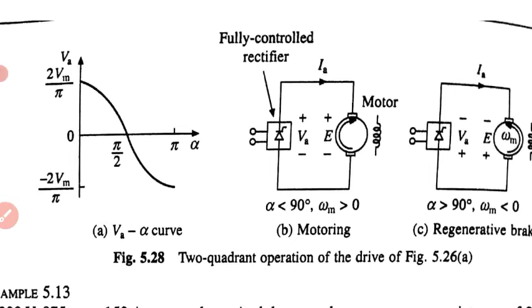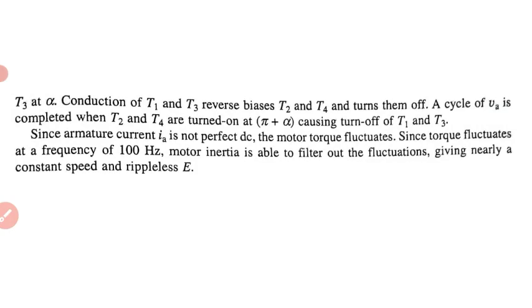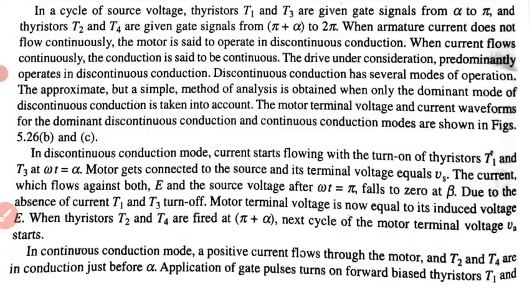In the first slide I explained the first quadrant and fourth quadrant operation. With only one quadrant operation, that is a half controlled converter, there is no regenerative braking, because the diodes do not allow it. I will go back to the first slide and explain.